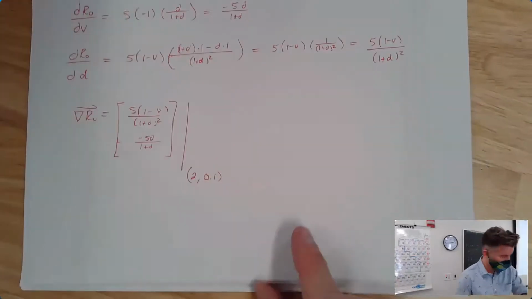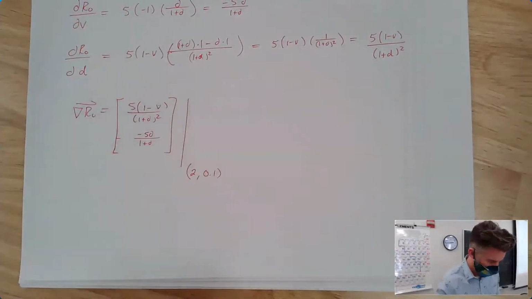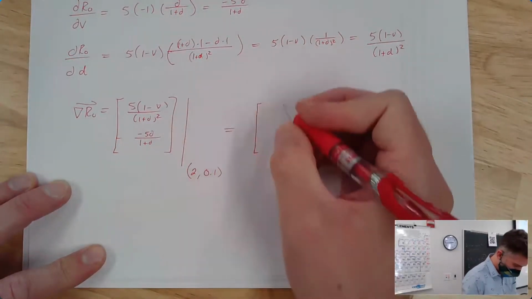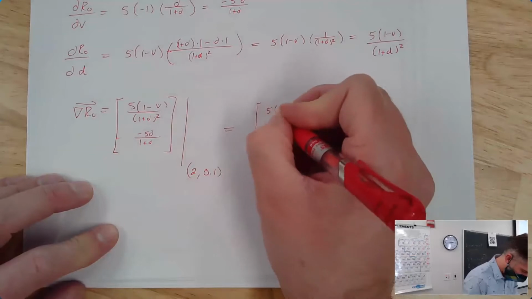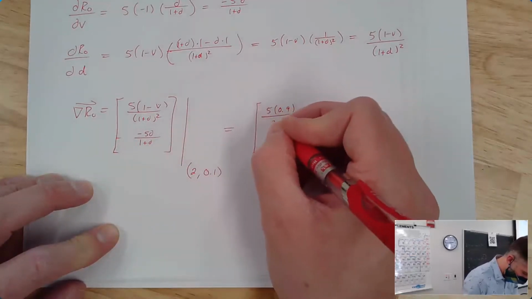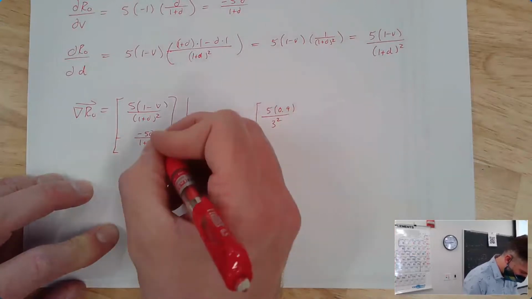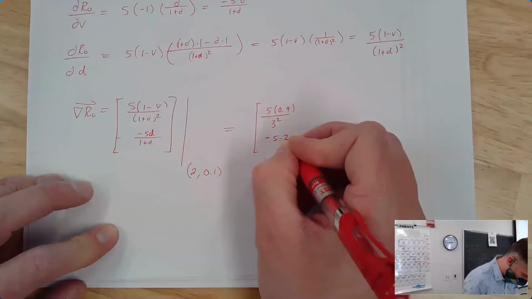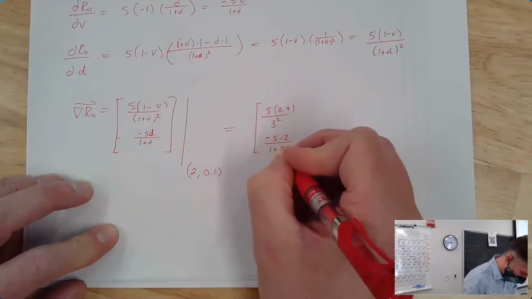Not a very high vaccination rate. We'd probably like to see that increase. Let's plug it in and see what we get. I'm going to get 5 times 0.9 over 1 plus 2, so 3 squared. And then here I'm going to get negative 5D, so negative 5 times 2 over 1 plus 2.